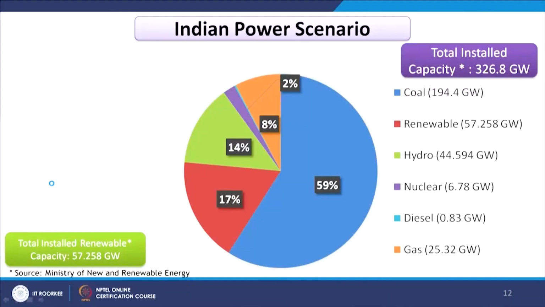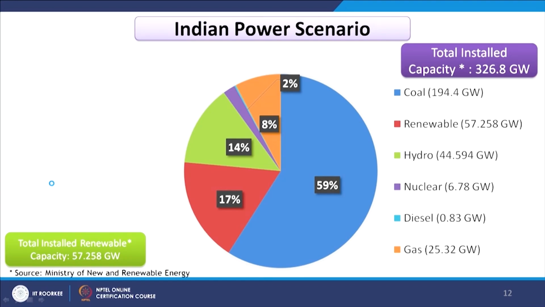If you see the Indian power sector energy share, we do have the major share from coal, which is as high as 59%. Then we have renewable, which has a wonderful stake of 17%, followed by hydro, which is 14%, and then nuclear and diesel are single digit and gas is double digit percentage contribution respectively.